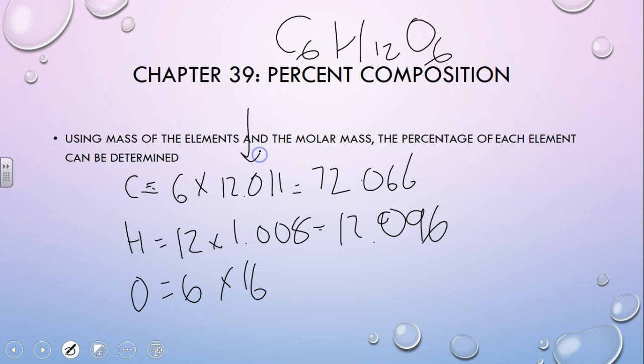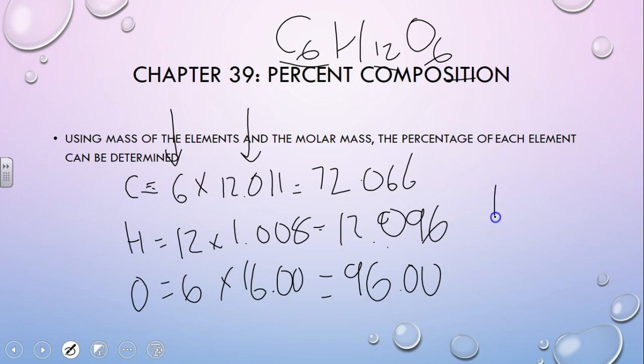Again, we get all of these values from the periodic table. We get this value from here. And then 6 times 16.00 is 96.00. Then we add them up: 72.066 plus 12.096 plus 96.